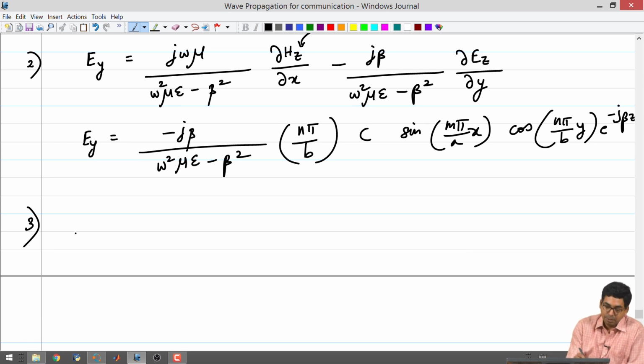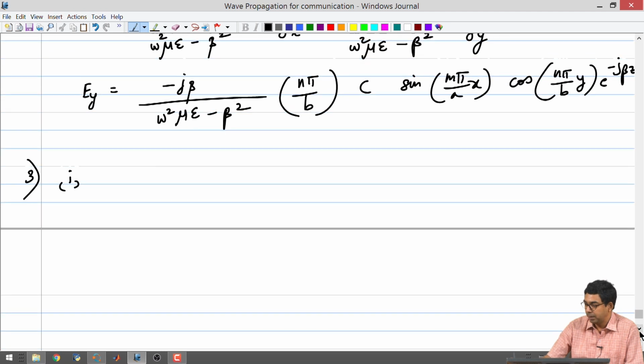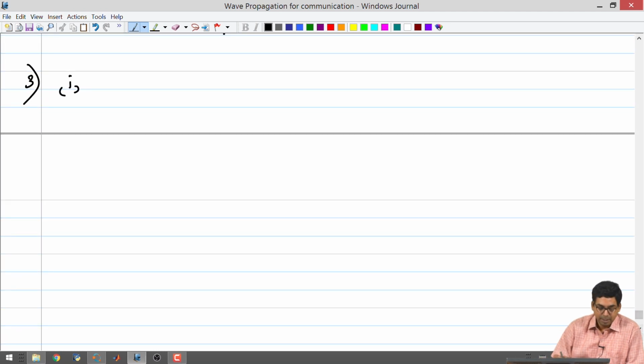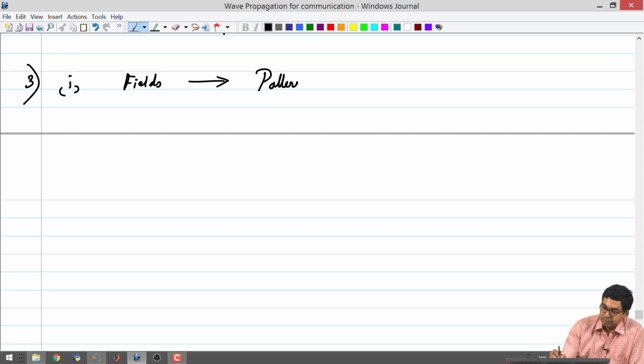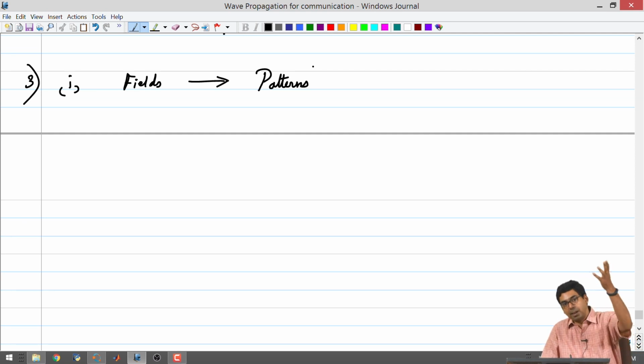Now, a few things that we are seeing as commonalities between this rectangular waveguide and parallel plate waveguide is that the fields that we are talking about form patterns. In the case of parallel plate waveguide, standing wave patterns were formed.